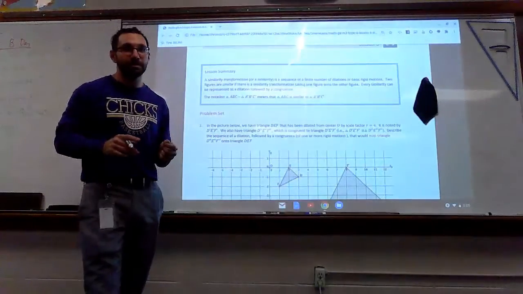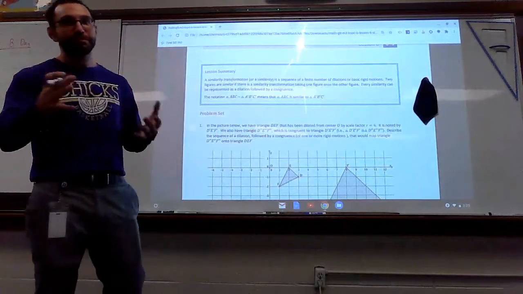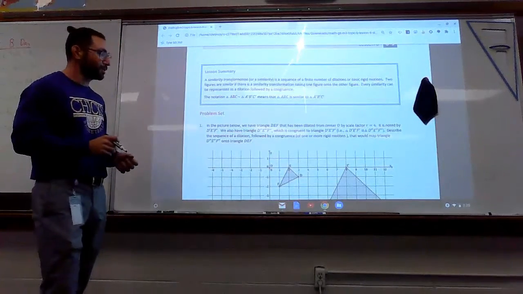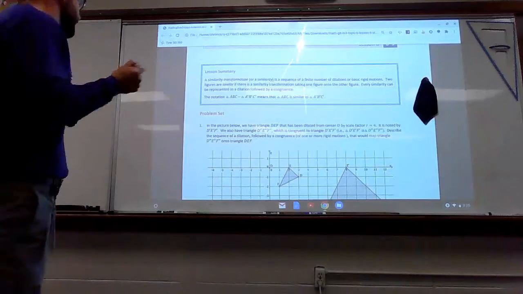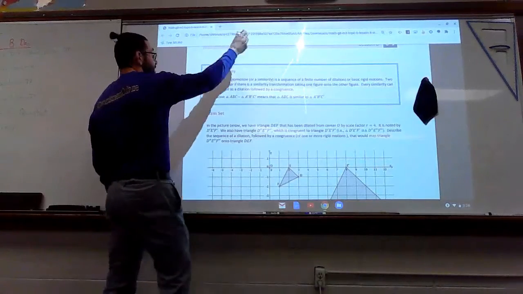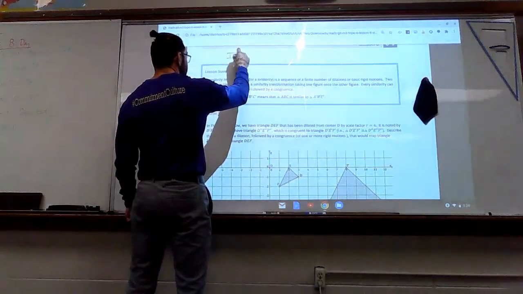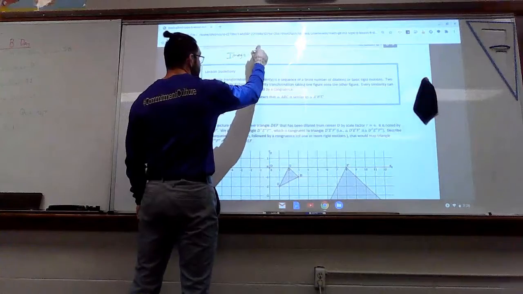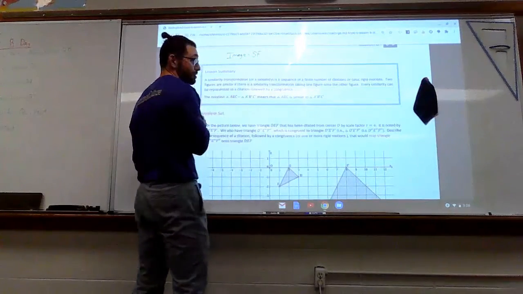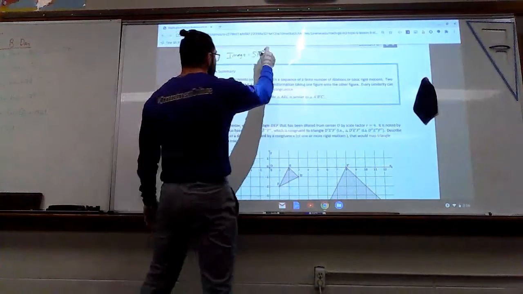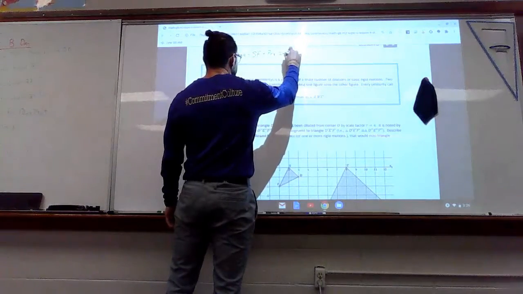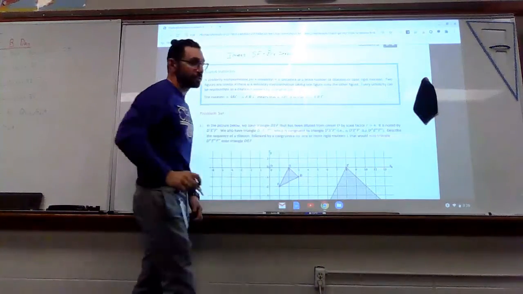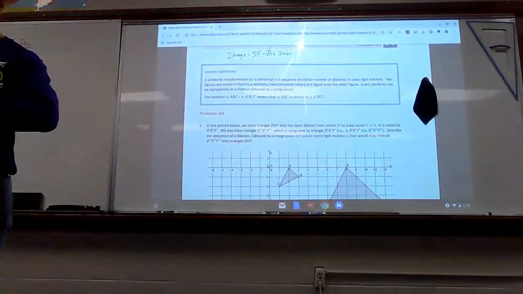Remember, similar means same shape, possibly different size. Okay? You need to find the scale factors. That's the key. And to find the scale factor, just like it's been since the first day, I think this was from day 1, image equals, and I call it scale factor, so that way you know what it is and not just R, times the pre-image. And remember, the pre-image is the first image without R primes.